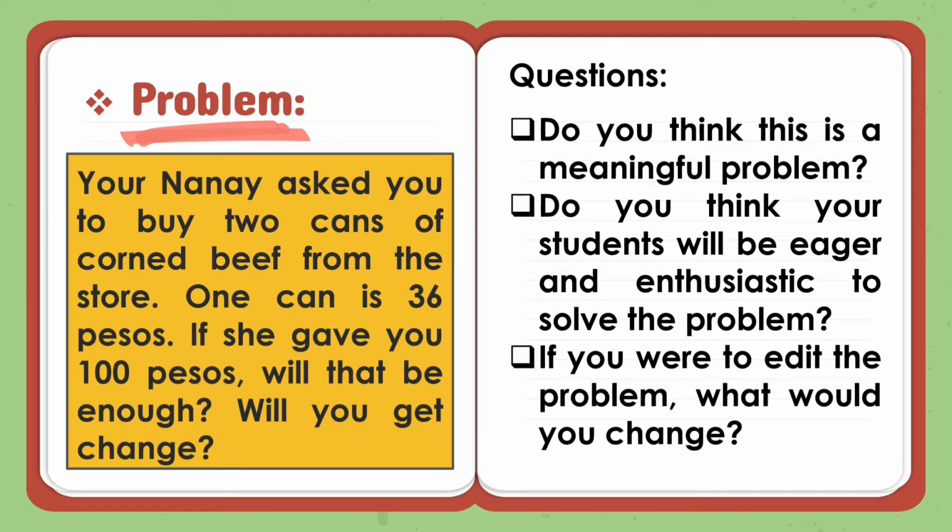Will you get change? Here are the guided questions. Do you think this is a meaningful problem? Do you think your students will be eager and enthusiastic to solve the problem? If you were to edit the problem, what would you change? That will be your question.